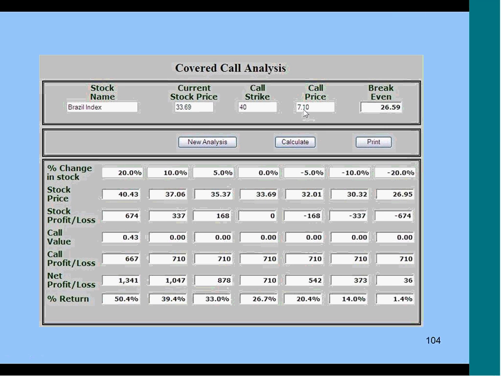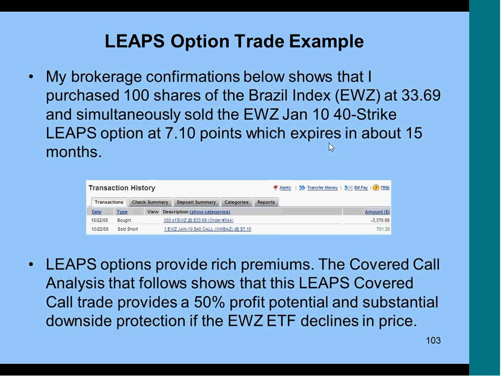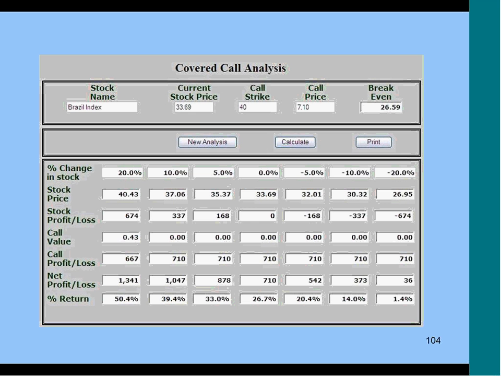So this is another example of a LEAPS covered call, and we can see the 10% increase in the Brazil fund at expiration results in a 39% return. If the ETF is flat, I get a 26% return. So again, with these covered call trades, you can profit even if the ETF is flat or goes down in price.